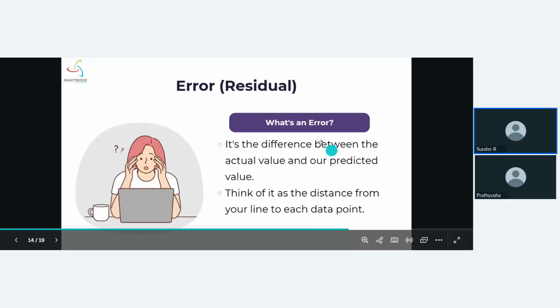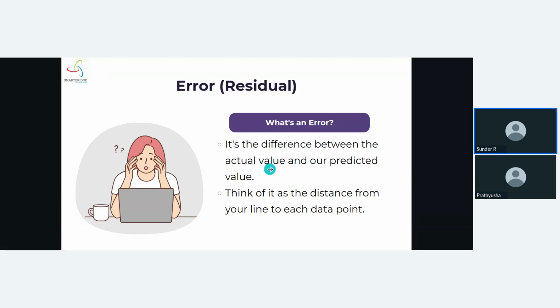It is the difference between your actual value and your predicted value. I hope it's clear, right? Okay, let me go to the next slide.